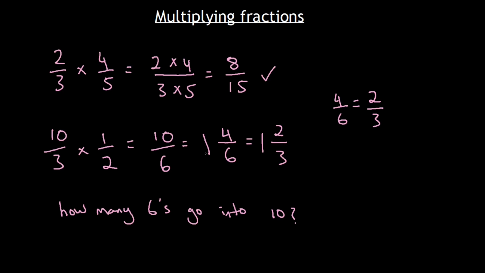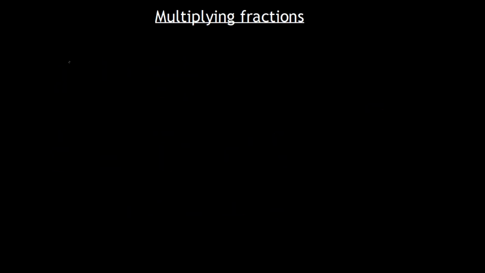Now we're going to look at the more algebraic fractions, which follow the exact same principles. So let's have a look. This time we're going to have 2 over b times, actually, let's have c here, c over 3. Again, follow the same principle.